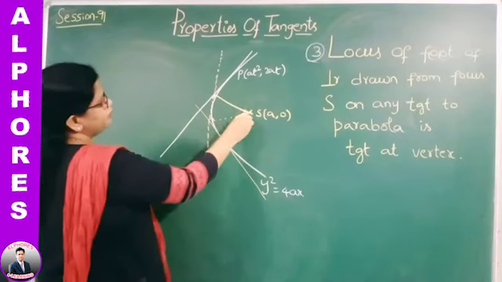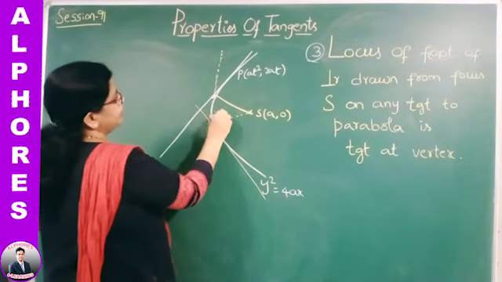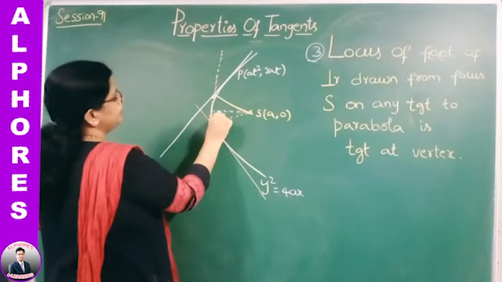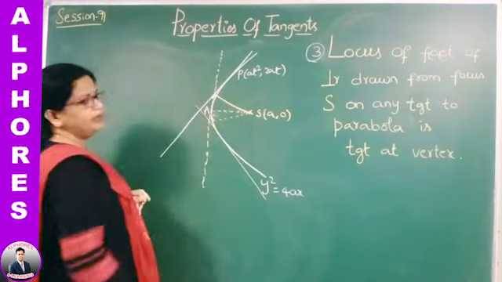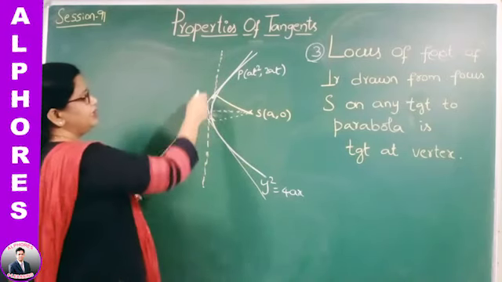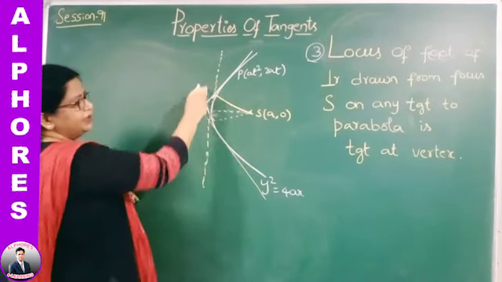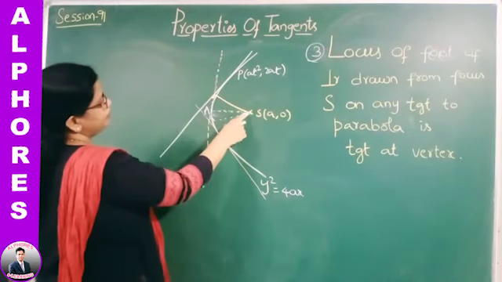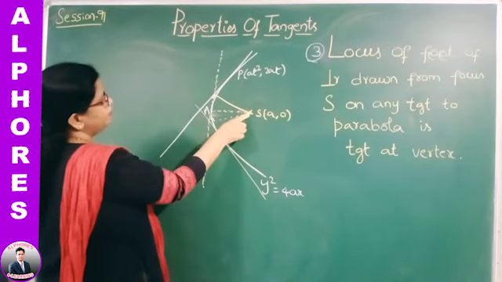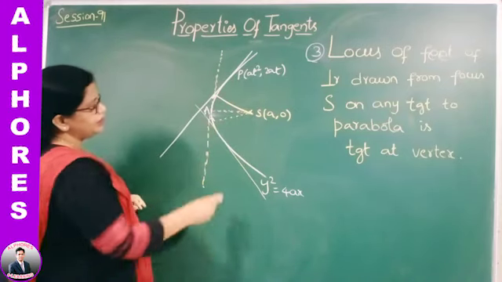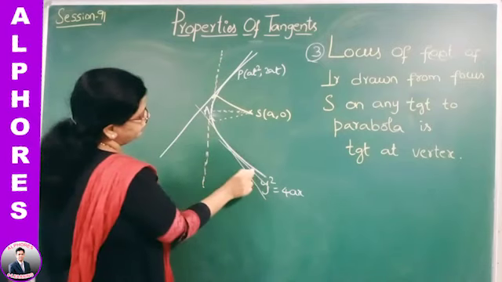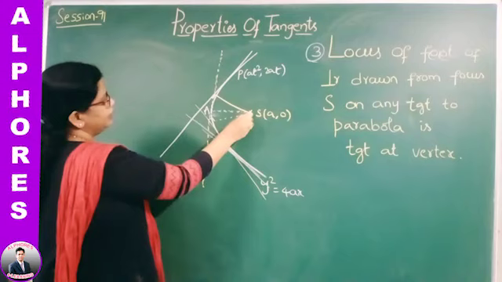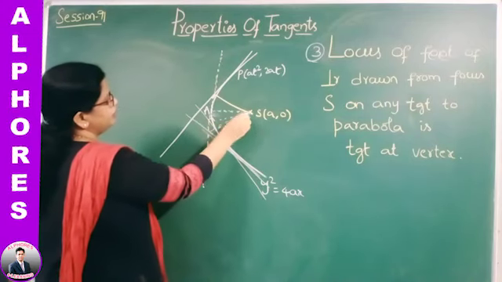And one easy example you can see here: this is exactly at the vertex, from focus through the vertex. This is our vertex 0 0, okay. So this is the point A, 0 comma 0 is the vertex, and this is our foot of perpendicular, which is exactly on the tangent at vertex. So not only those, whatever perpendicular you take from focus on any tangent, if you take a tangent here and take the foot of perpendicular, then this foot will be exactly on this line, okay.